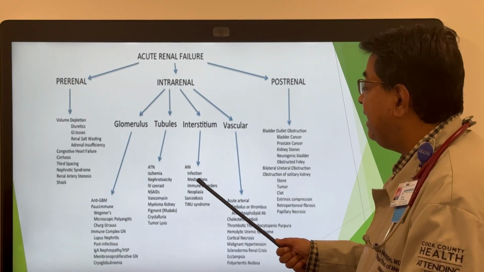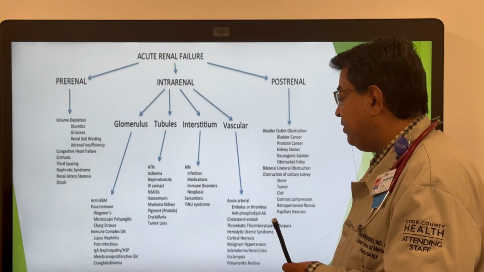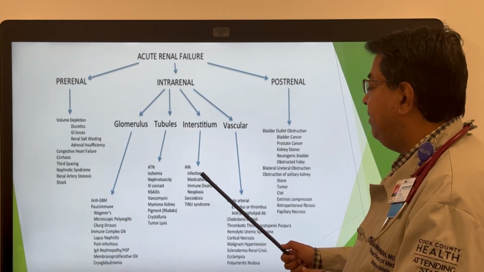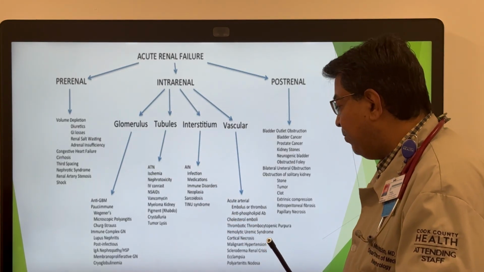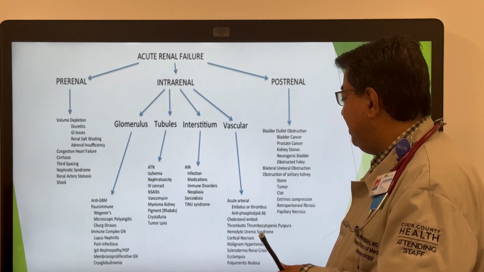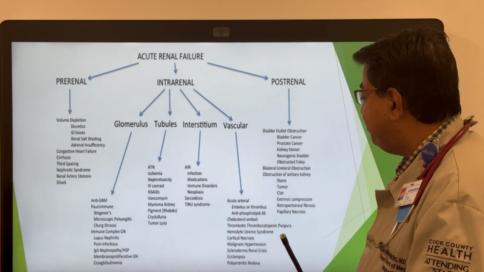Immune disorders and cancer are another cause of interstitial nephritis. Of course, sarcoidosis, and then TINU syndrome, which is tubulointerstitial nephritis with uveitis, should always be in the back of your mind.